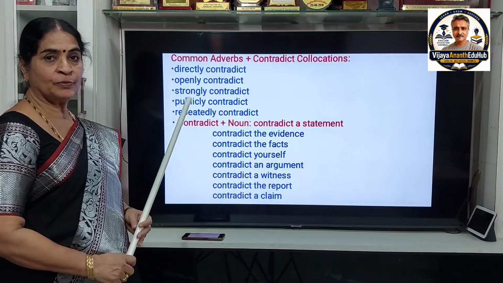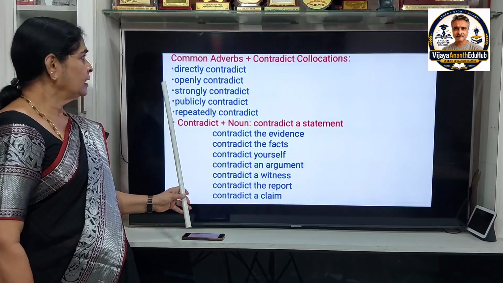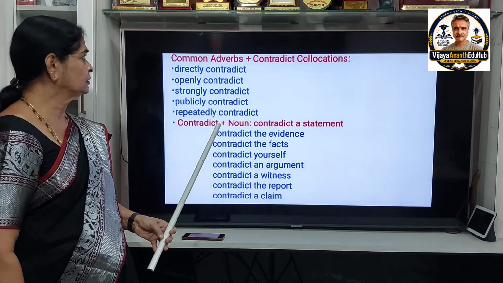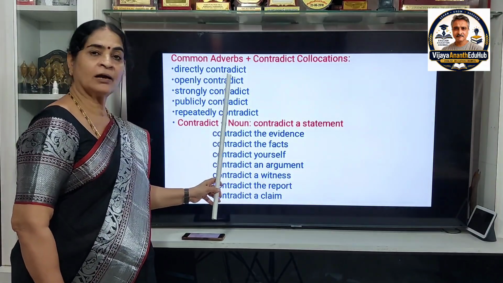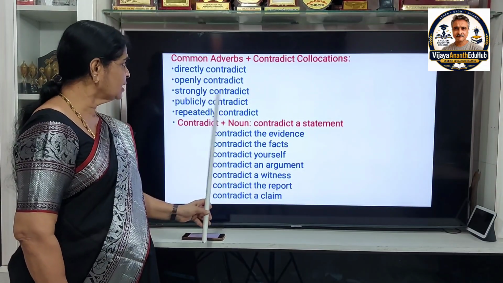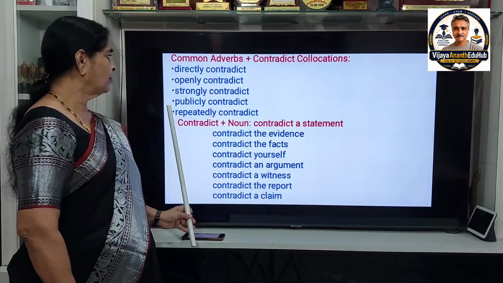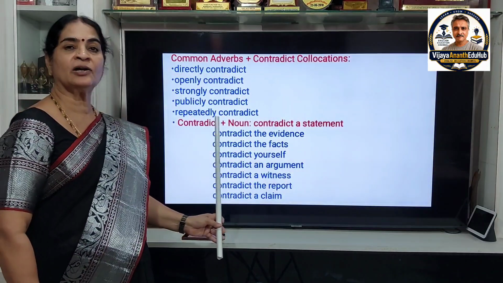Some collocations with contradict. Adverb plus contradict: directly contradict, openly contradict, strongly contradict, publicly contradict, repeatedly contradict.